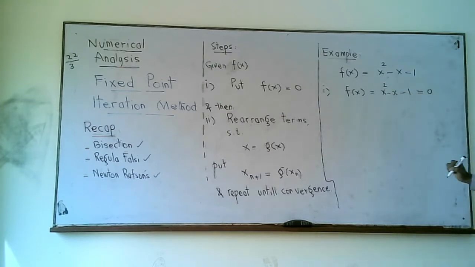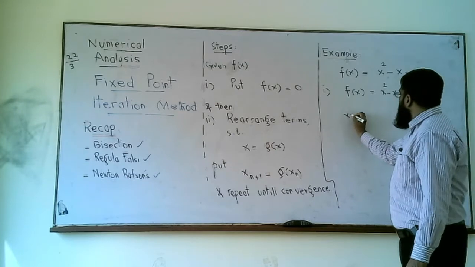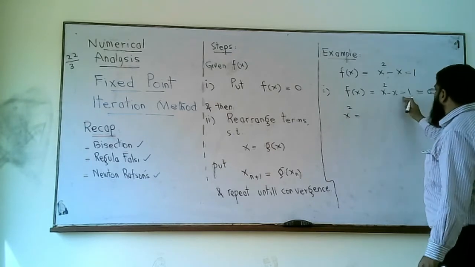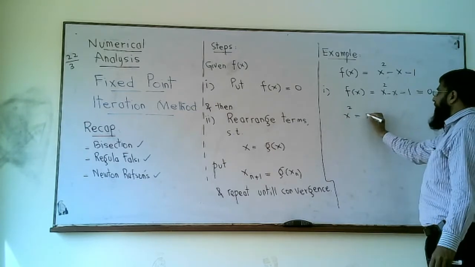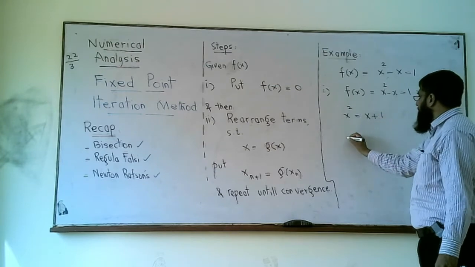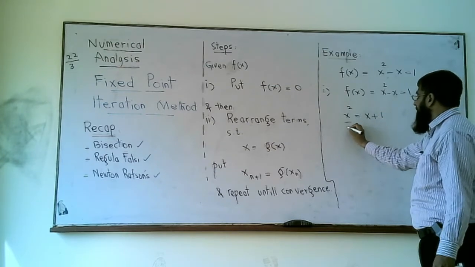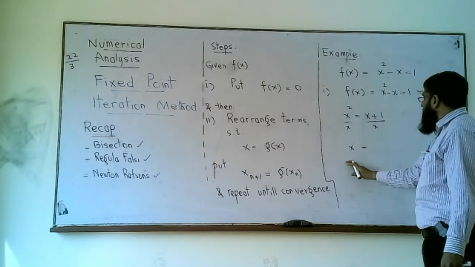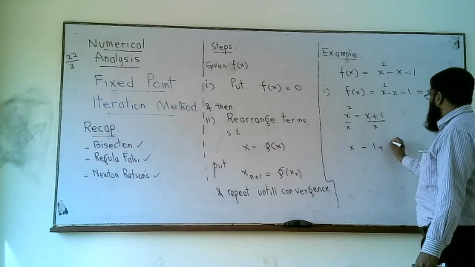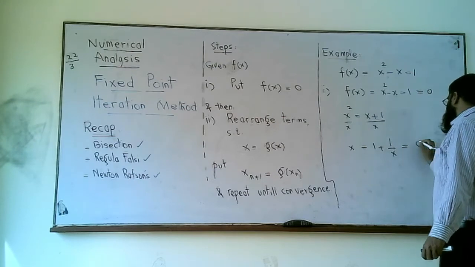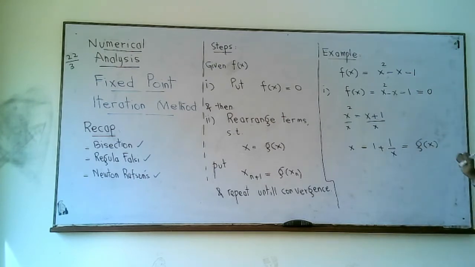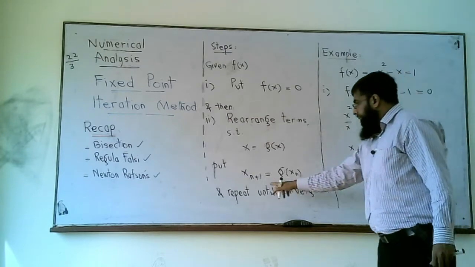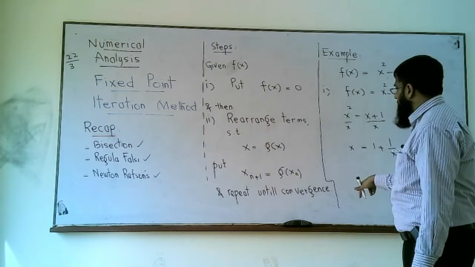Starting with this, we can take the x and the minus 1 to the right hand side of the equation, and we can divide this whole equation by x. This leaves us x equals 1 plus 1 over x, which is our g of x. So x is now g of x. Now we'll iterate for x sub n plus 1 equals g of x sub n.